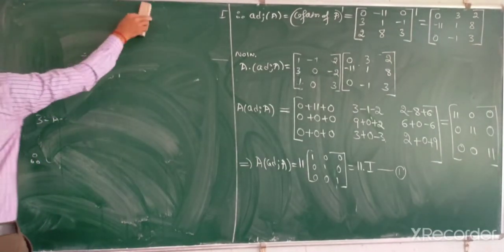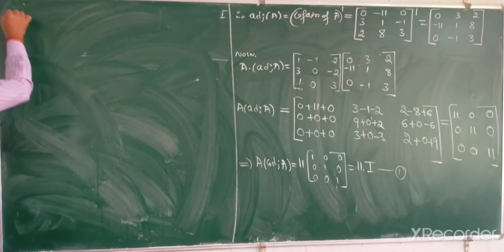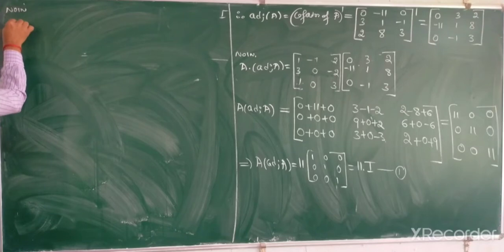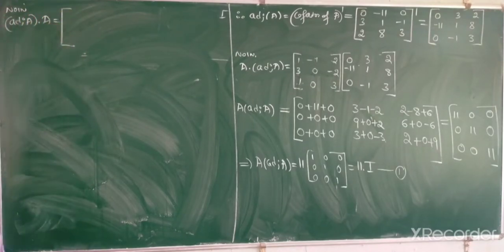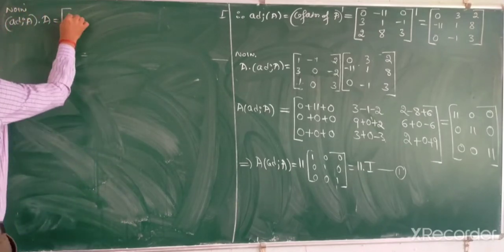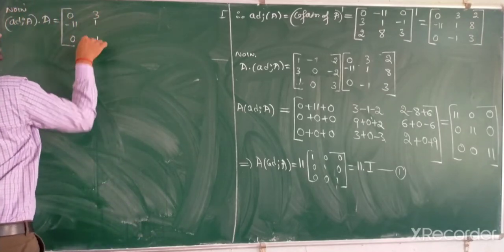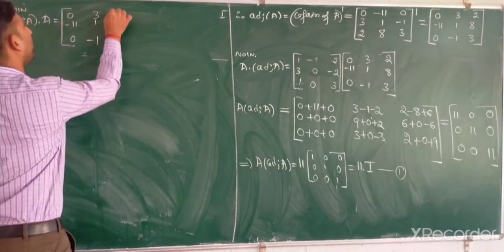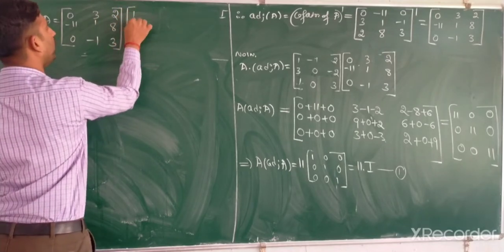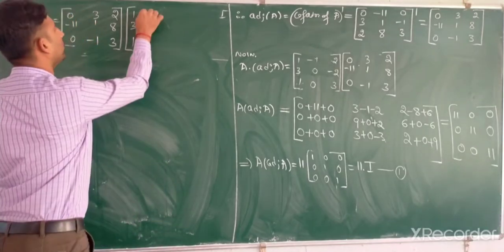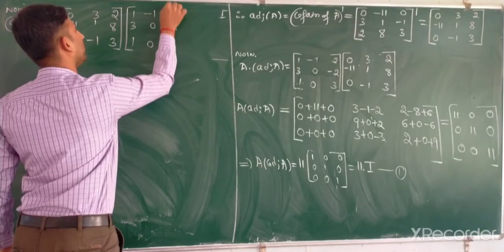Adjoint of A into A, which is nothing but 0 minus 11 0, 3 1 minus 1, 2 8 3 into A. A is nothing but what? 1 3 1, minus 1 0 0, 2 minus 2 3.